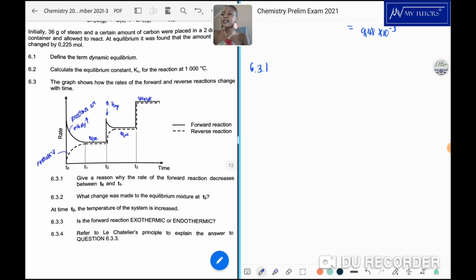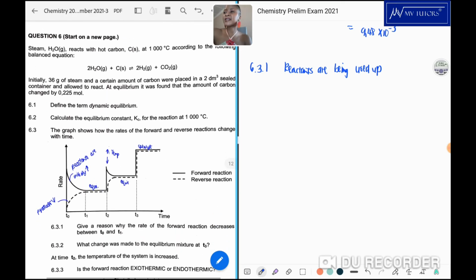Now it says, give a reason why the rate of the forward reaction decreases between T0 and T1. Well, basically, the reactants are being used up. Okay? And in this case, that is the steam.